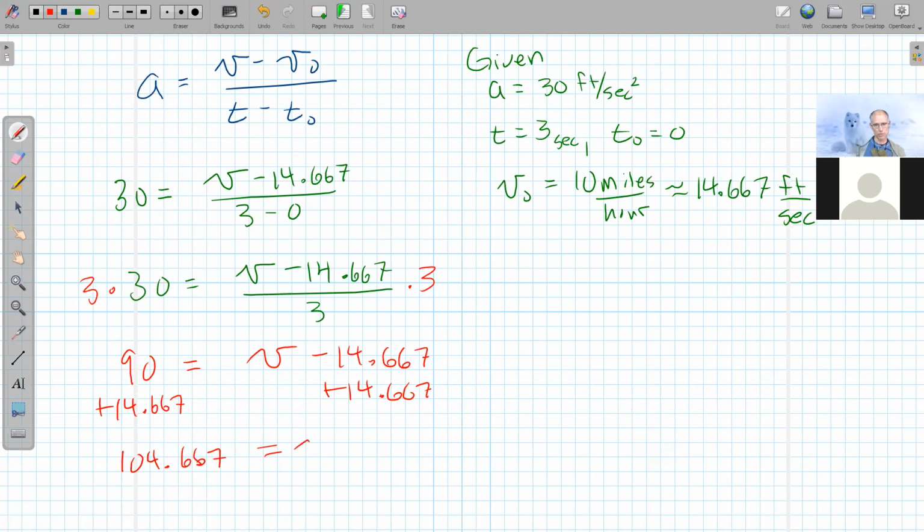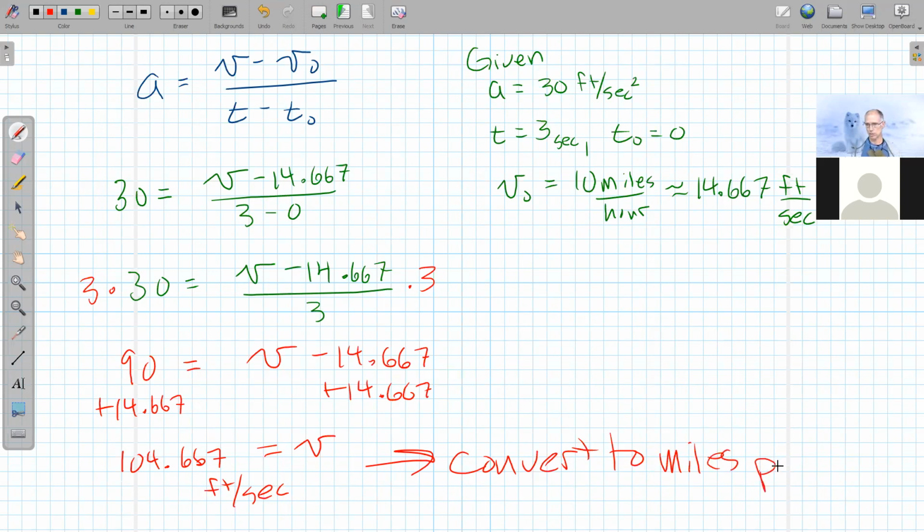And that is V, which means it is in feet per second, according to the original statement of the formula and how things were measured. So again, I have to then remember the last step is to convert to miles per hour, which we just did before this. Okay. Hopefully that helped.